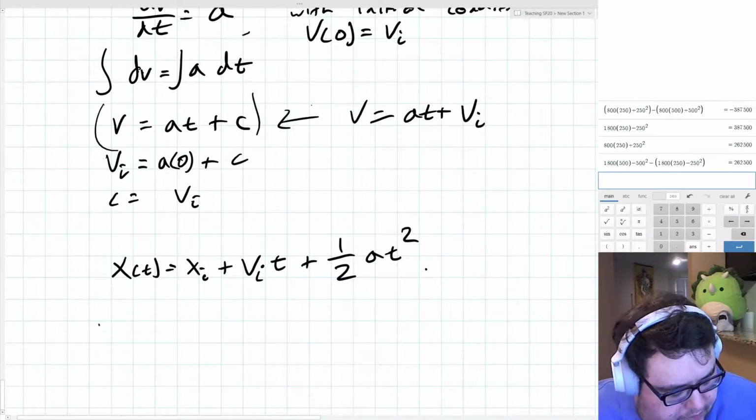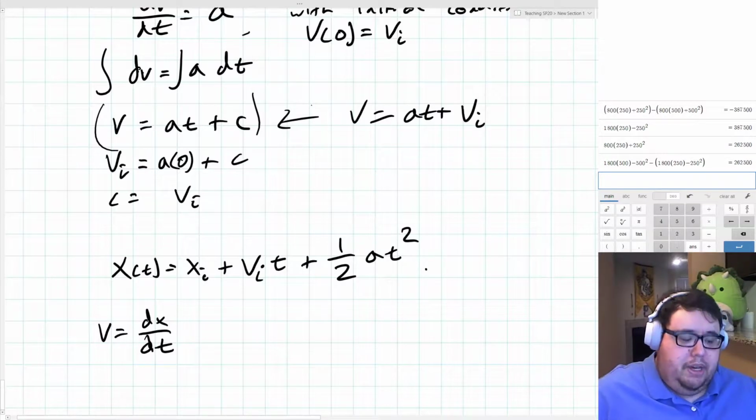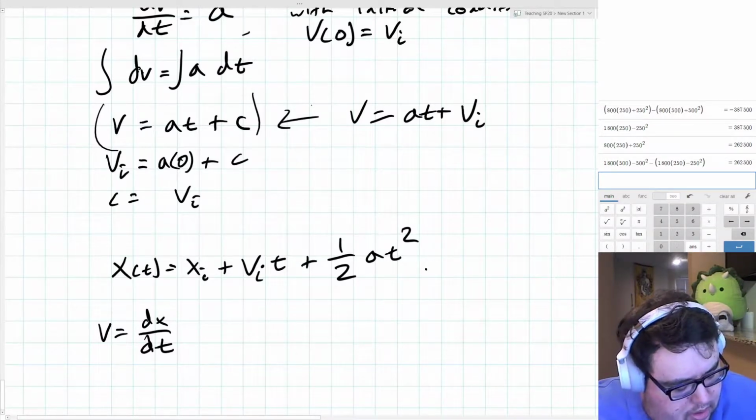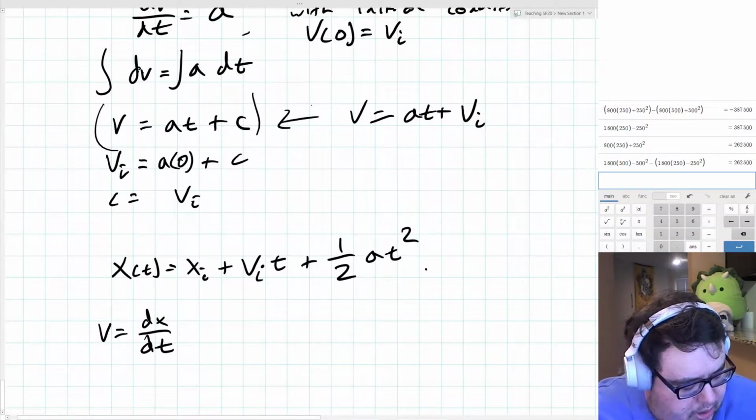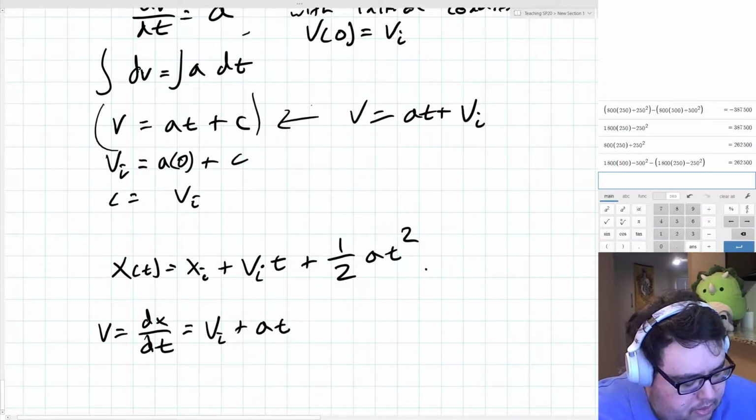So v is equal to dx over dt. Velocity is the change in x divided by the change in time. And that's equal to, so dx over dt is equal to the initial velocity plus acceleration times time.